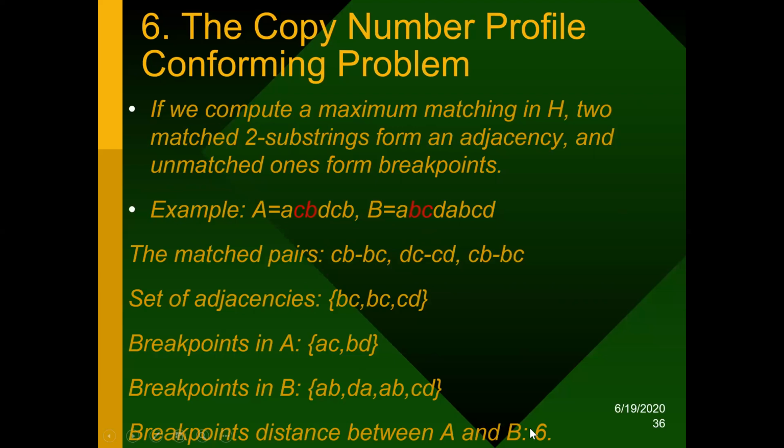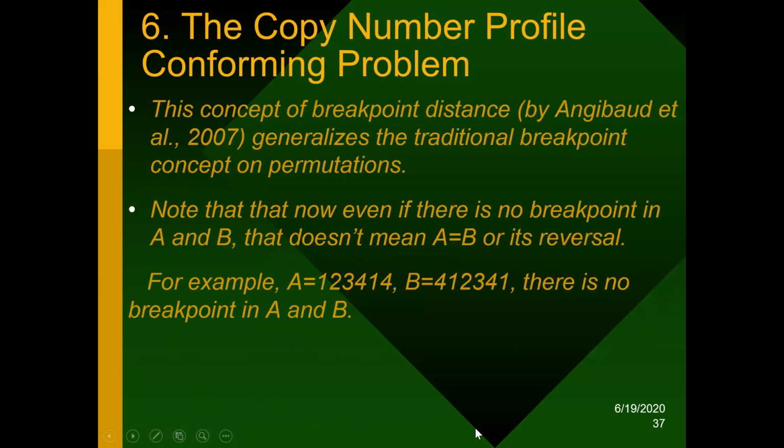And you can easily see the number of adjacencies and breakpoints are complementary to each other. The breakpoint distance is basically the length of A plus B minus 2 times the number of adjacencies. For now, we will follow more on the adjacencies.